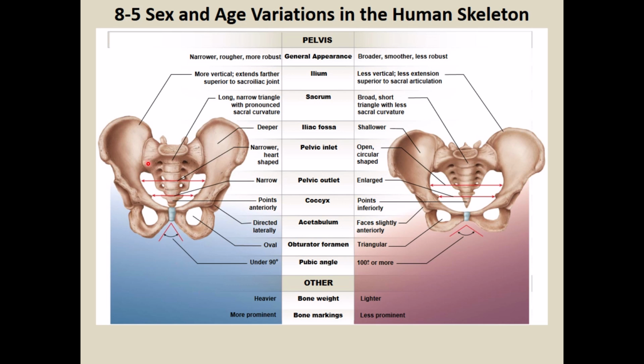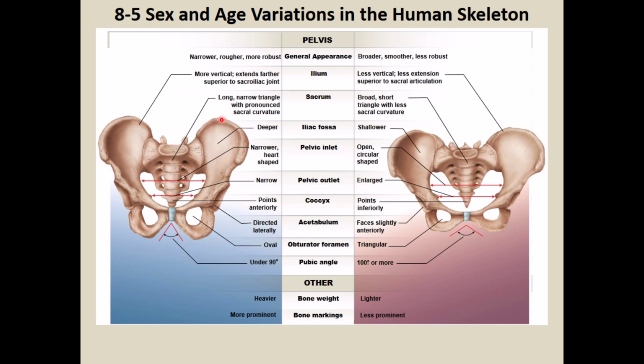So in male, overall, the pelvis is taller and the bony prominence is rougher and more prominent. Compared with female, the bony prominence is less prominent, and it is broader, less tall than in men.